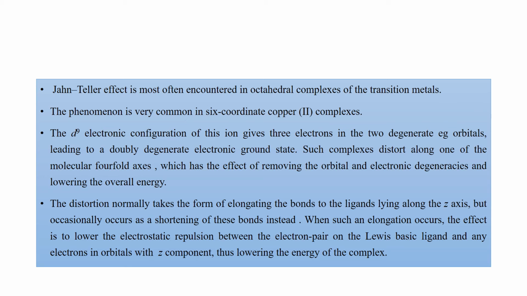When such an elongation occurs, the effect is to lower the electrostatic repulsion between the electron pair on the Lewis basic ligand and any electrons in orbitals with a Z component, thus lowering the energy of the complex.